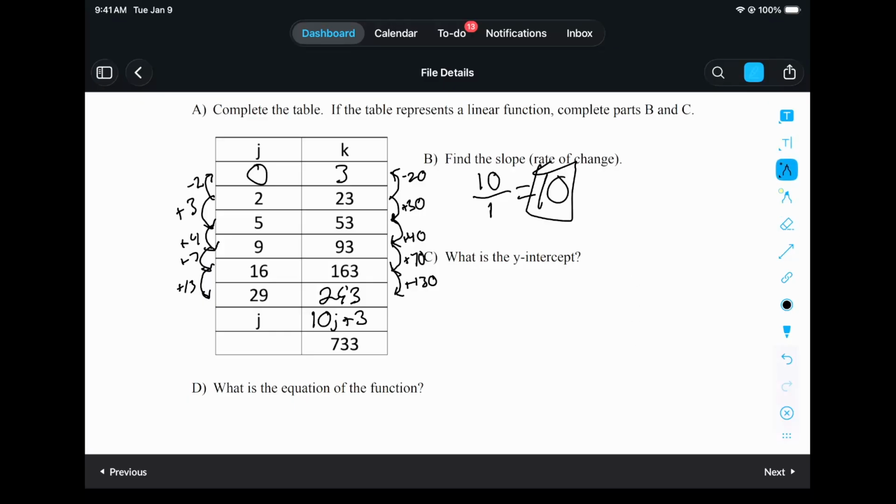So it's whenever x, or your input variable, is 0. And what is that in the case for us? 3. K equals 3.